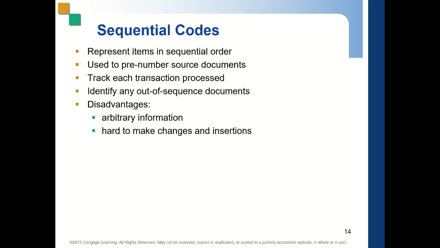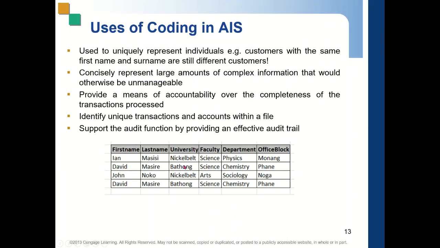Well, there are many different ways of doing it. You could simply say, sequentially, the first item that I meet will be 1. So the first university in this case that we meet is 1. So now Nickel Belt is 1, Button is 2, Nickel Belt again is 1, Button is 2. So in this file it will be 1, 2, 1, 2.